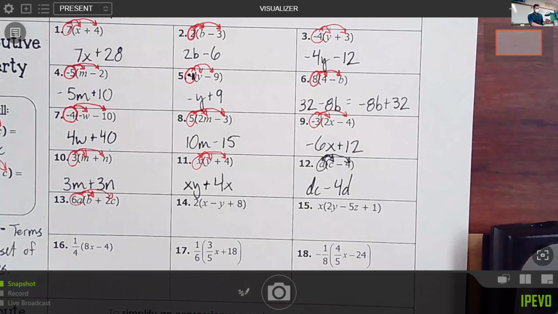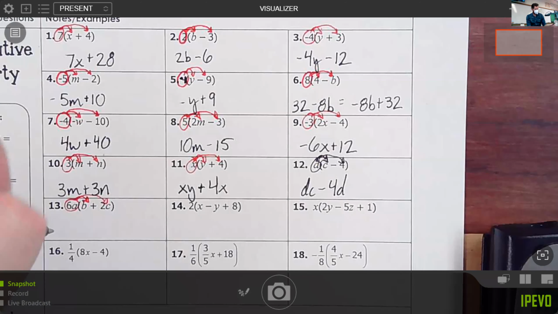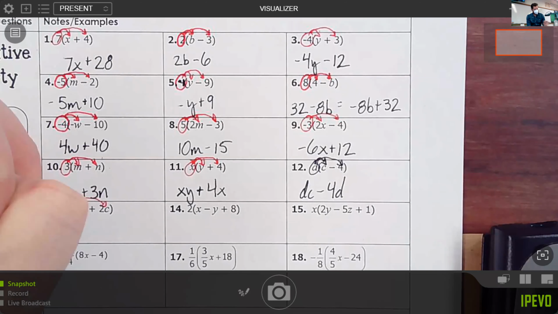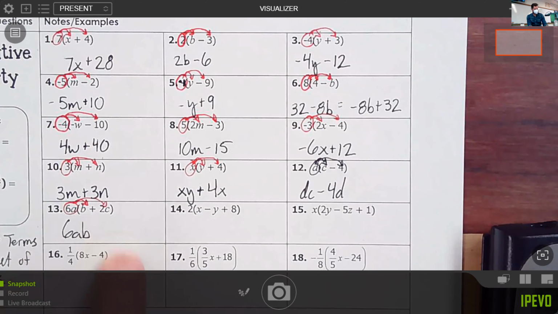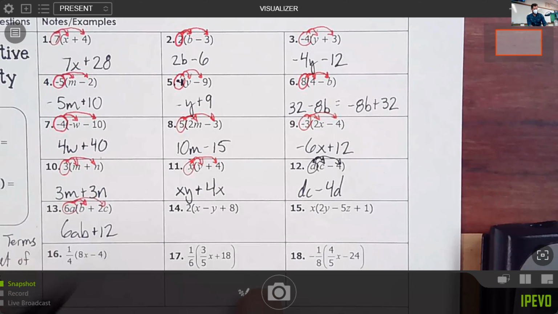The 6 stays exactly the same. It's already being multiplied by a. We're multiplying it by b as well. So that's just 6 times a times b, which is 6ab. And then with the 6a times 2c, because there are two regular numbers, we multiply the regular numbers together. 6 times 2 is 12. And then a times c is just ac.